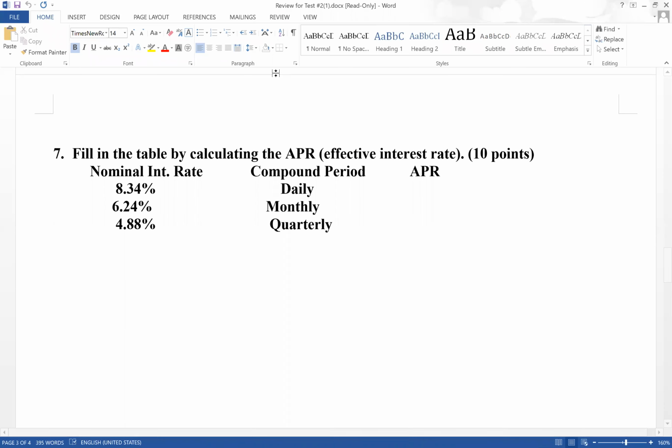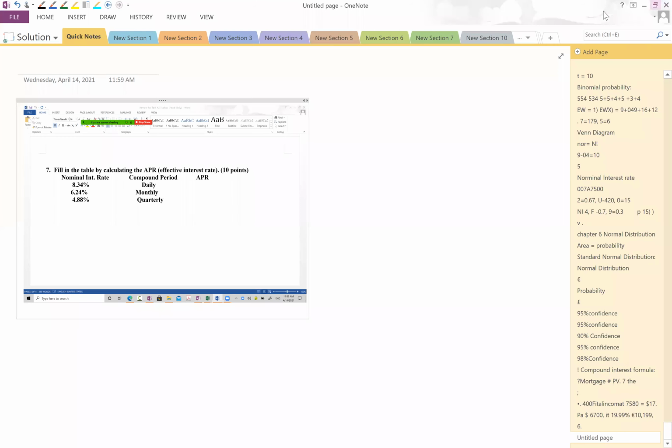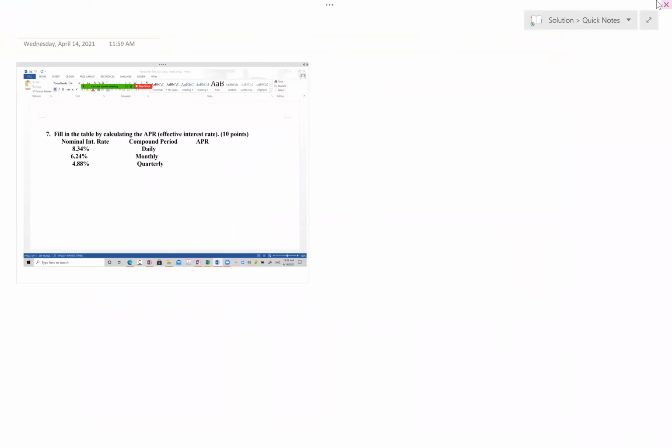And you only need to use one formula, right, to do this. It's called the effective interest rate. So for the first one, part A, 8.34% nominal rate, and the compounding period is daily, compounded daily. Okay. So let's see what's given here. The nominal rate is given, right?